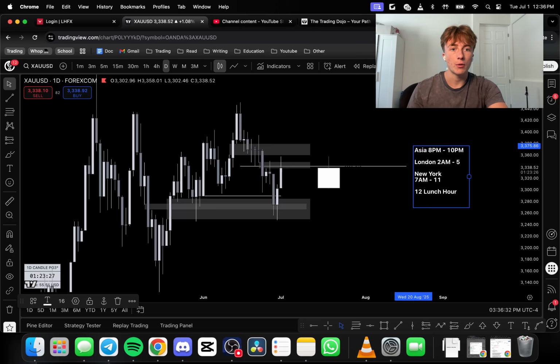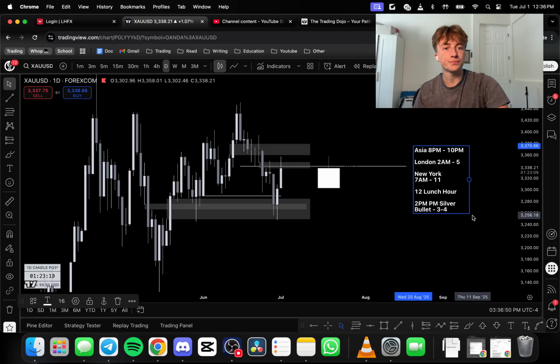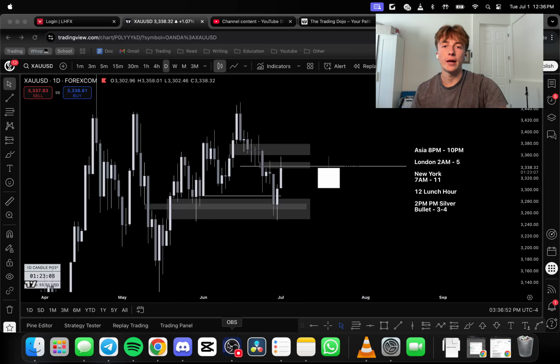So we have lunch hour. Then after that, we have like 2 p.m., which is the beginning of the PM session silver bullet. PM silver bullet. And I'd say it ends at like 3 or 4, whenever the volatility dies down, or whenever it hits the daily target of where it actually wants to close for the day.